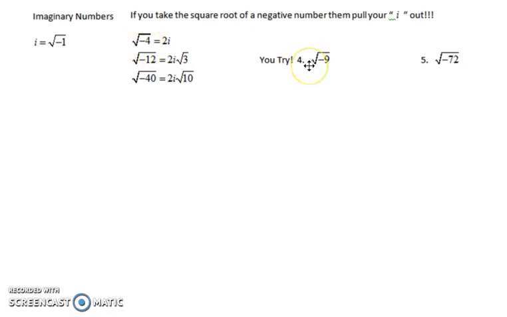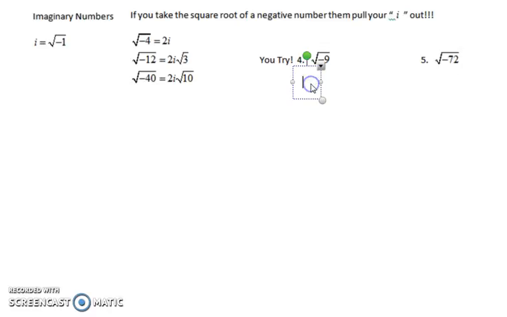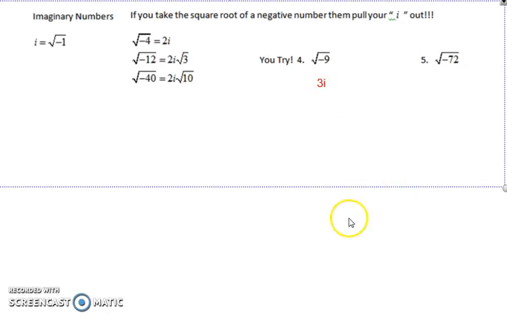So if we have the square root of negative 9, that will just become 3i. So we're simply pulling an i out.